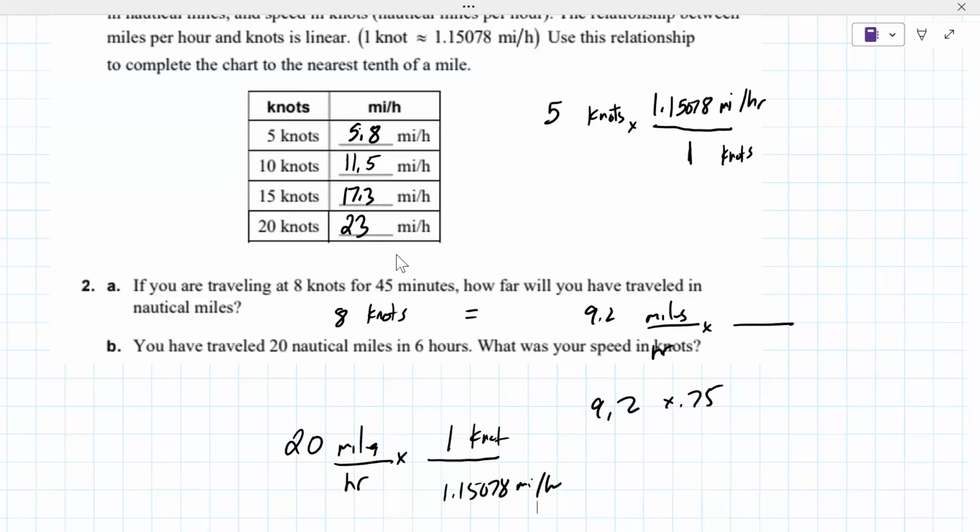You would have been going 17.4 knots. Good. Right. So got a couple more.